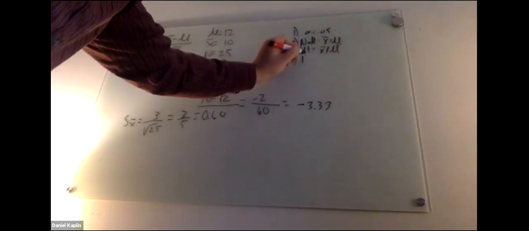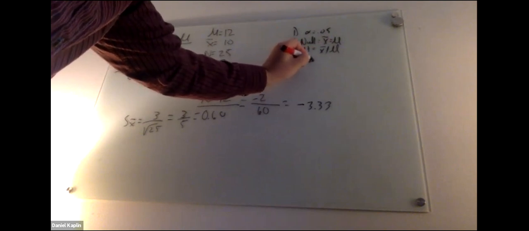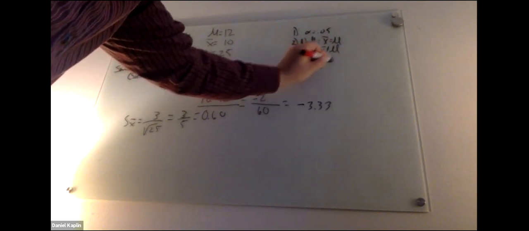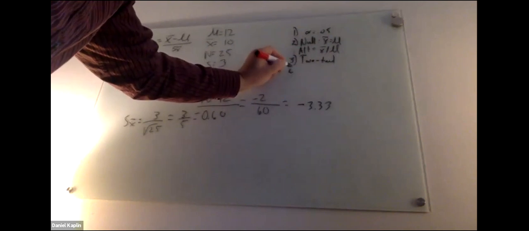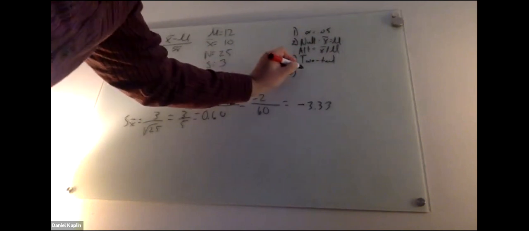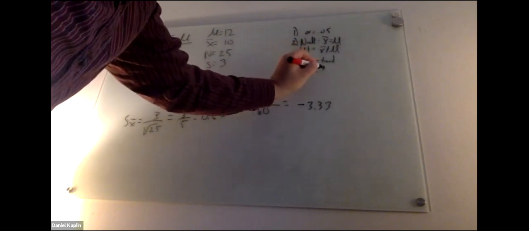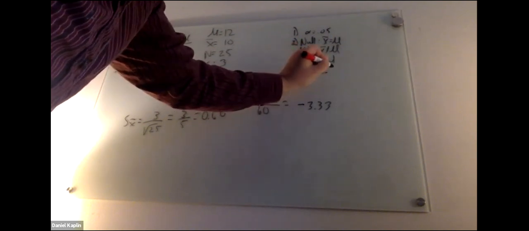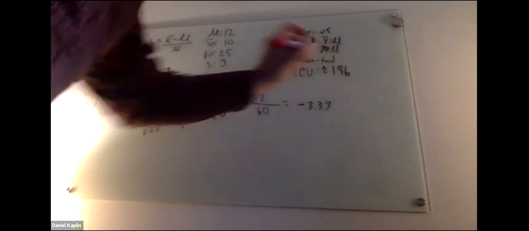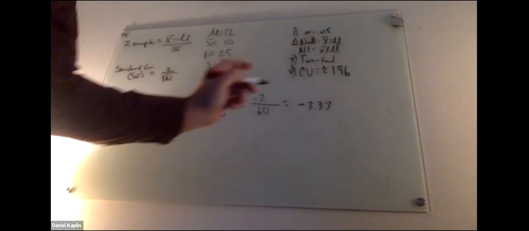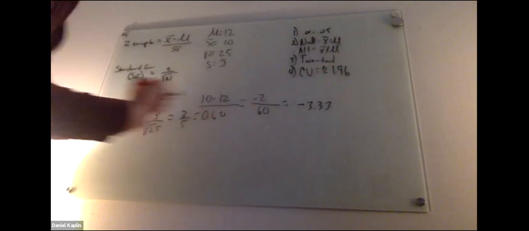So in this case, we're going to do a two-tail test, which means that the critical value is going to be plus or minus 1.96.